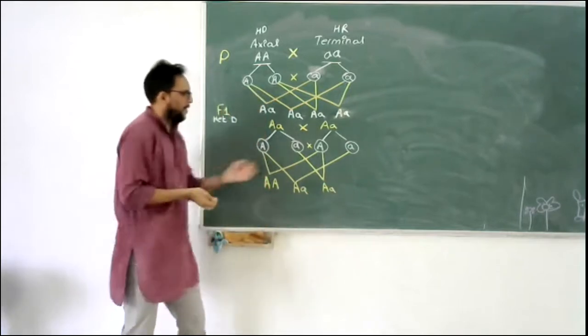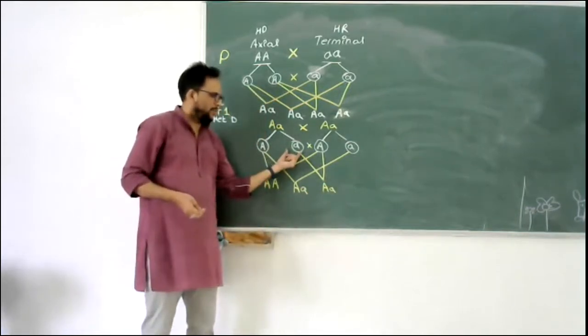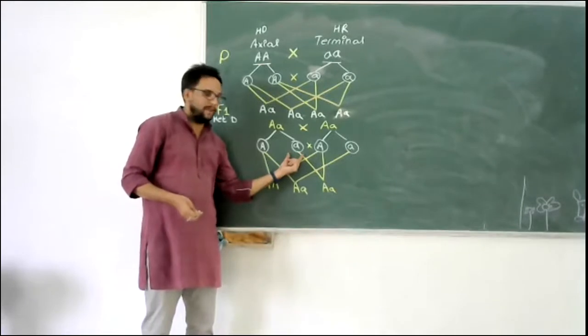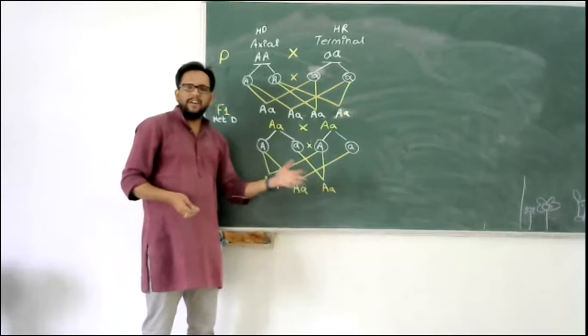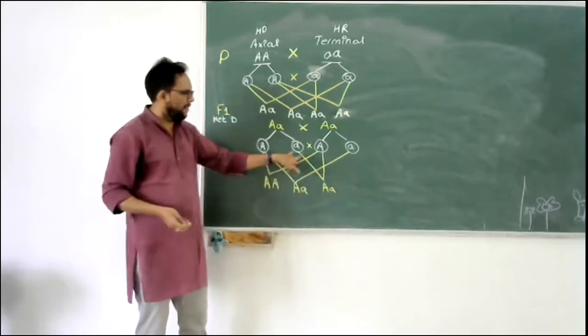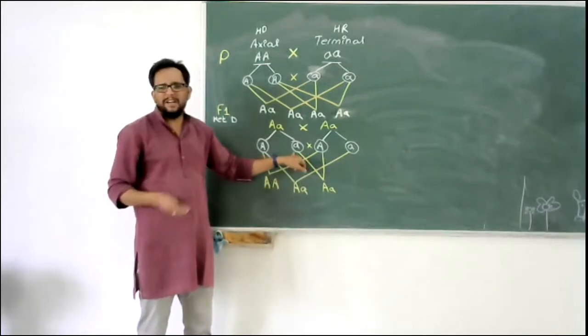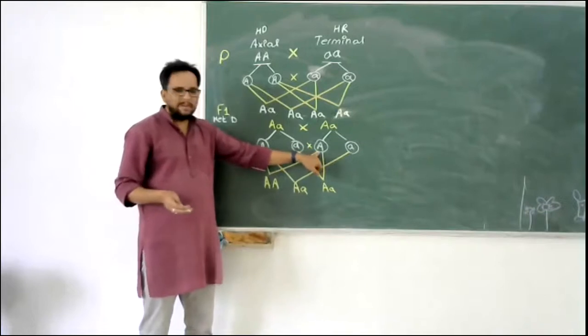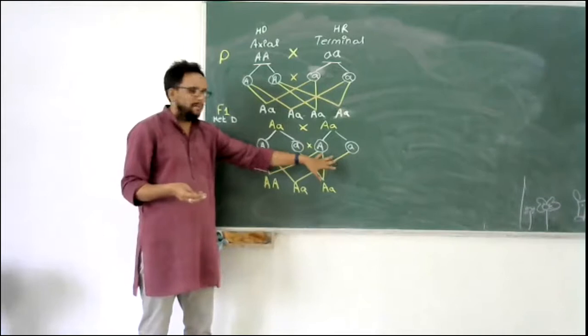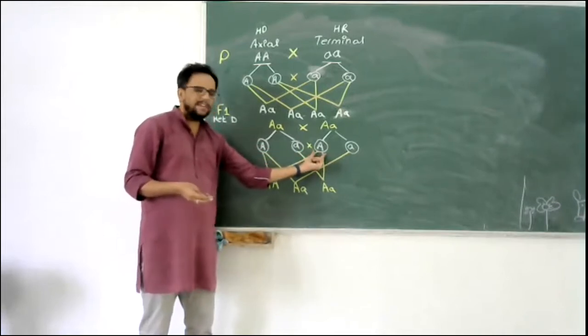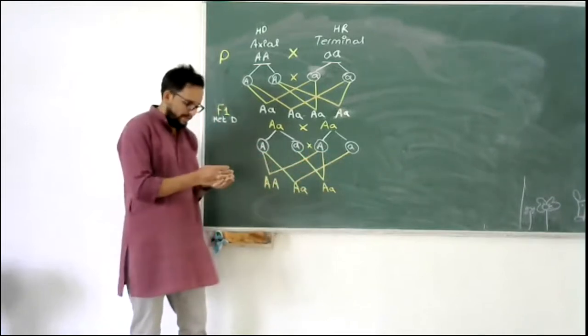Now you might wonder why I am not writing the small a first, but I am writing capital A first, because the dominant we always write first. So even if this is the male gamete, it doesn't matter. If it is coming from the female, assuming this is a female plant, we will still write the dominant first.